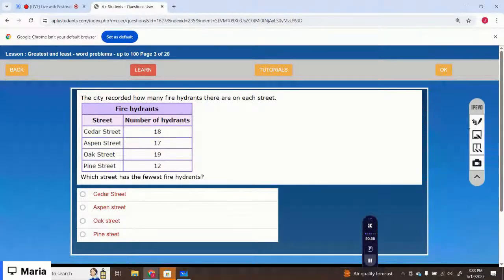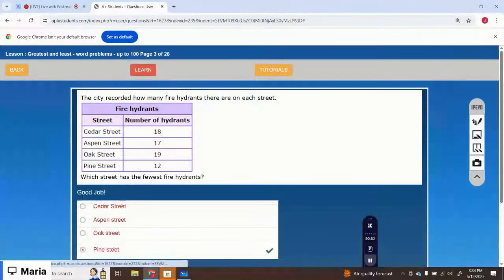The fewest is 12. That is Pine Street. The last one is the correct option.